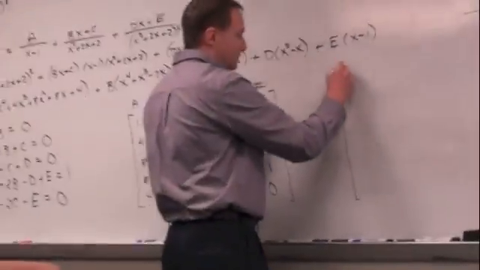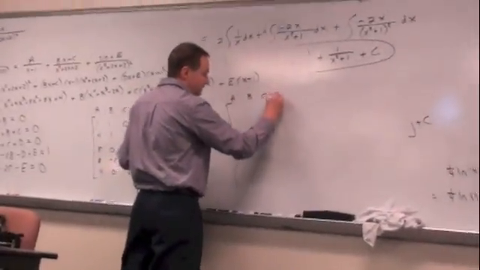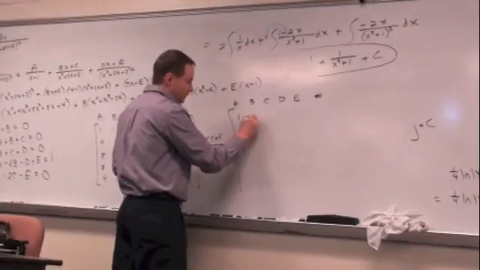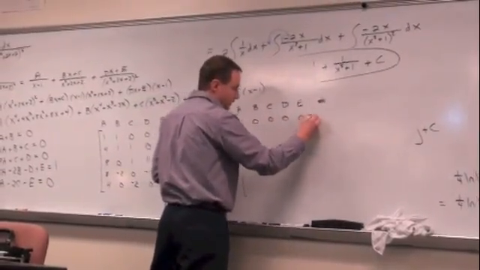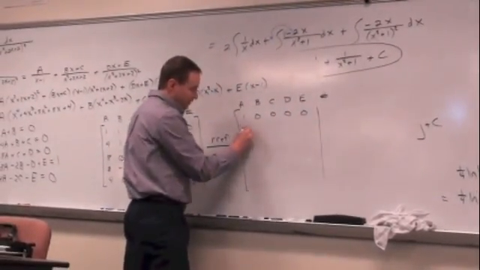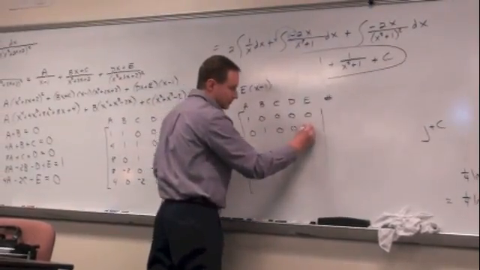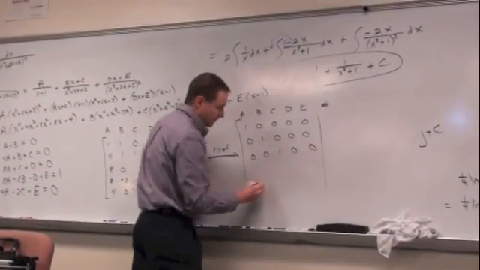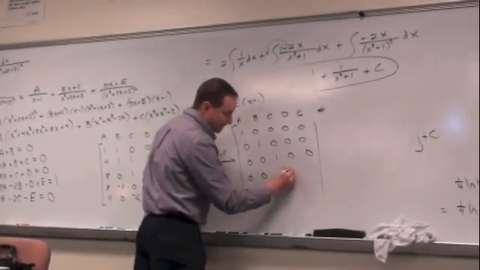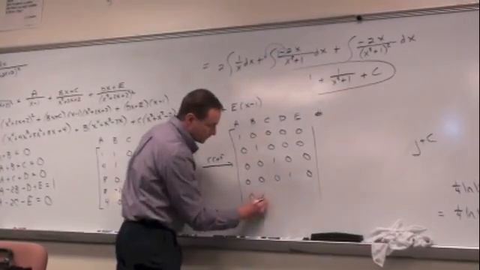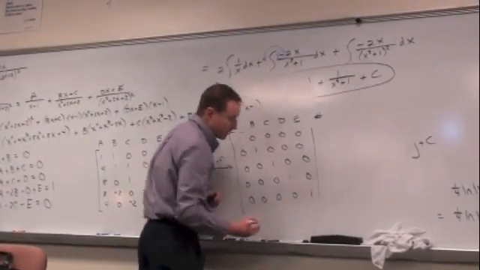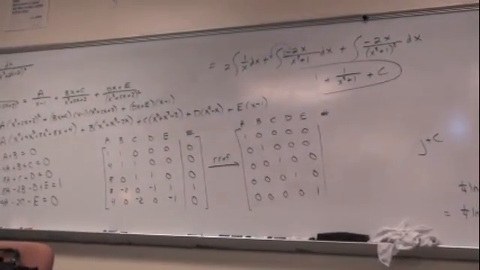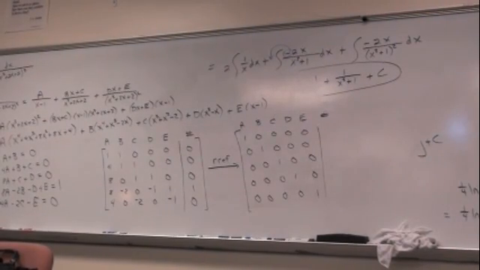So I'll say this is A, B, C, D, E, and answer. Is this going to be 1, 0, 0, 0, 0, and some answer. My second row, guaranteed some answer. I just need to find the answer. So clearly the first row is going to tell me what A is, the second row B, the third row C, and so forth.